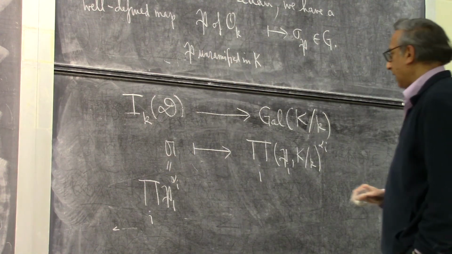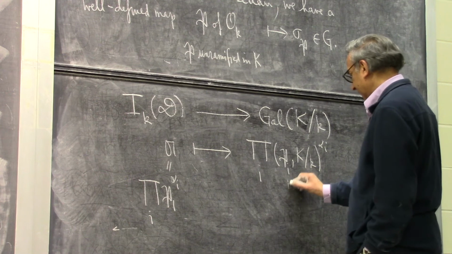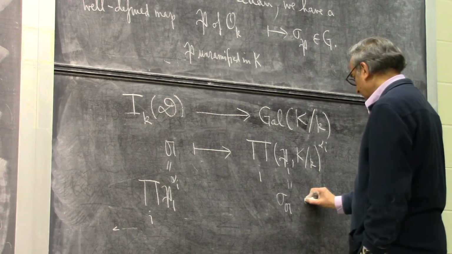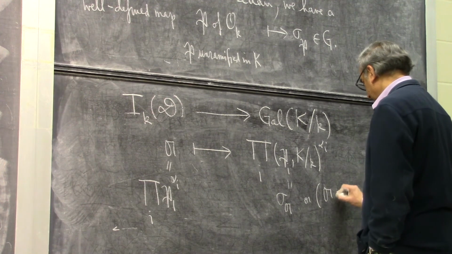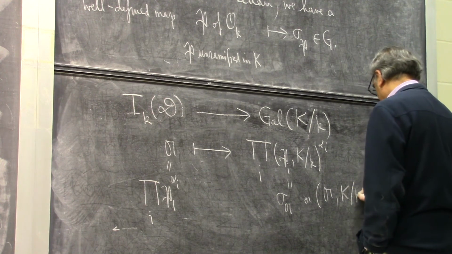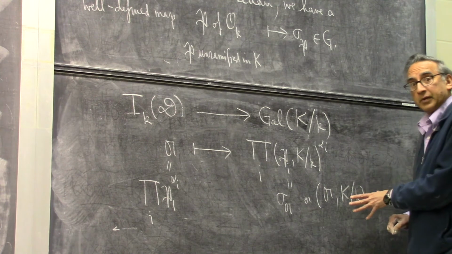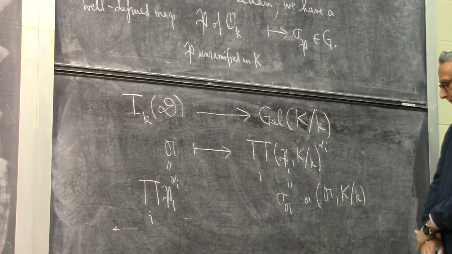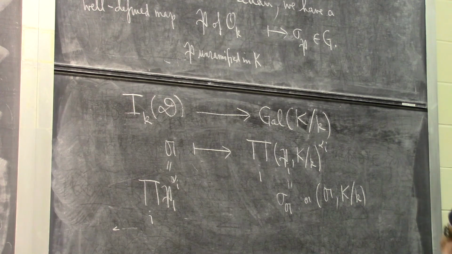And so I have this nice map. Sometimes this element is denoted as sigma A, or the element A, capital K over little k. So this is our notation. So we have a well-defined map.